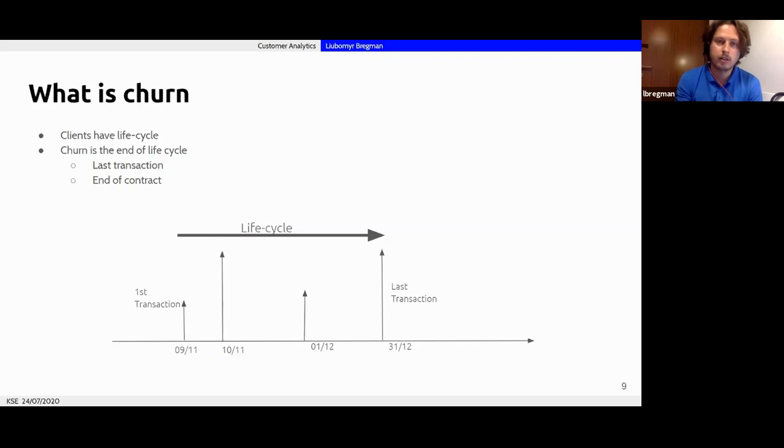He just terminated the contract, said I don't pay anymore. That's easy. What about people who don't have a contract, for businesses which work without contracts? Let's say a prepaid telco SIM card, or an online service where you either enter or don't enter. How would you identify this last transaction?